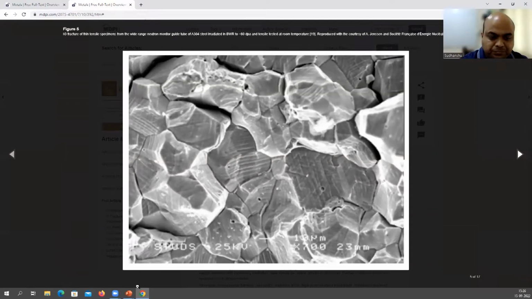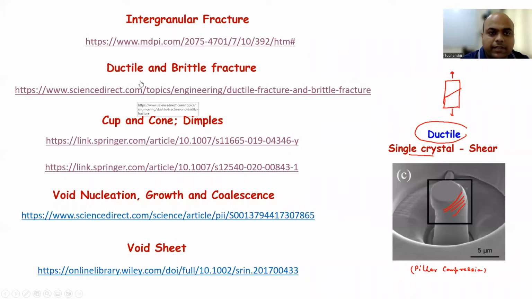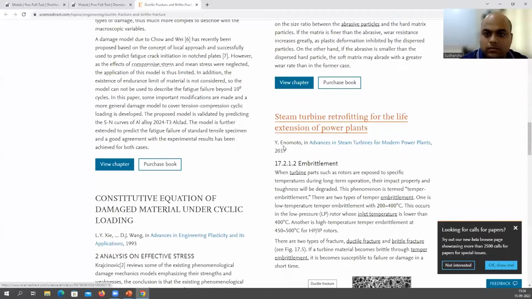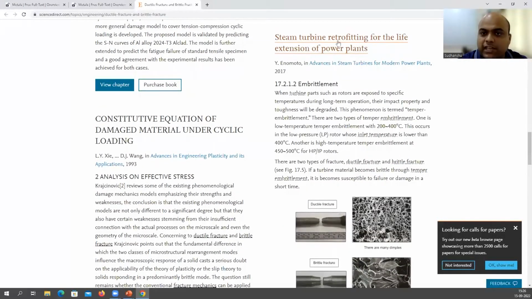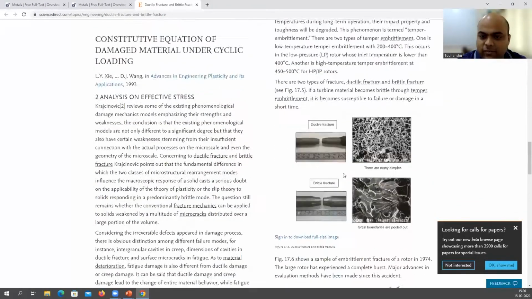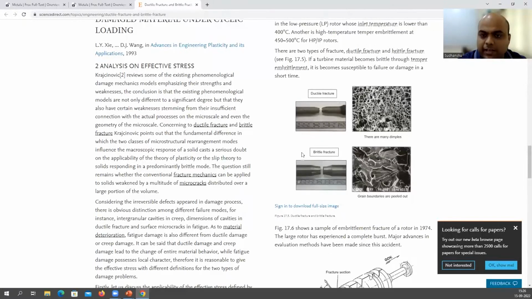Okay. Now let's see ductile and brittle fracture. This is another chapter, on steam turbine retrofitting for the life extension of power plants, and it nicely shows both, right? Ductile fracture and brittle fracture, you can see here. If you just see the ductile fracture, you will typically see cup and cone failure, and the surface is going to be rough.